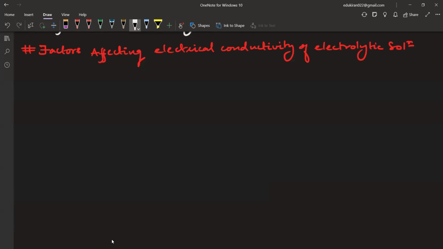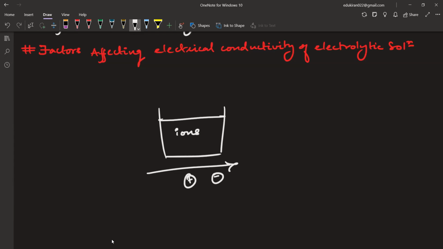Please write. Let me explain it to you first. We have ions, and ions are charged species. Positive ions and negative ions will be there. And if there is current, what will happen? In the presence of an electrical field, these ions will move, and they will also carry the electrical current.